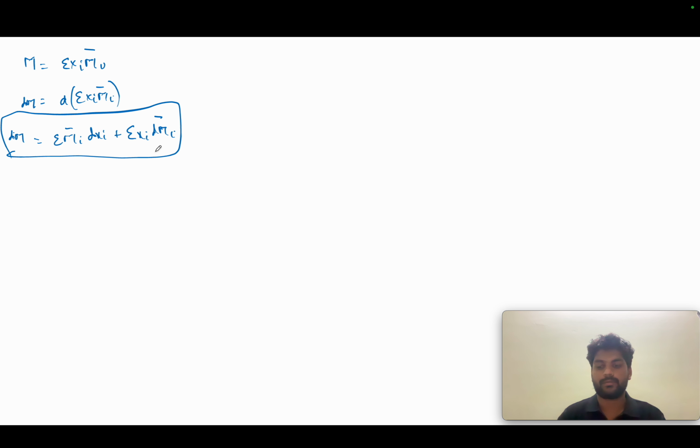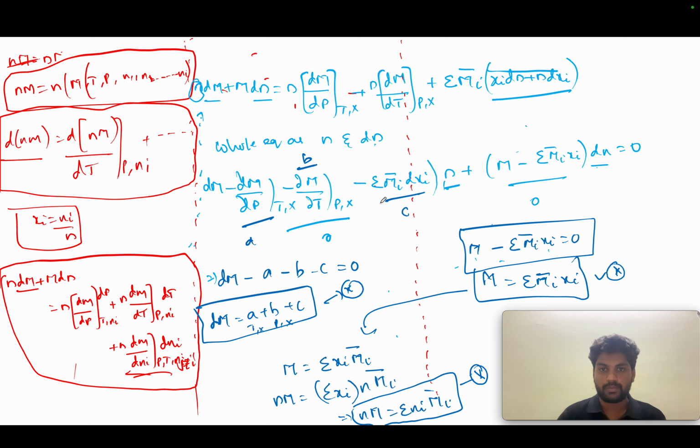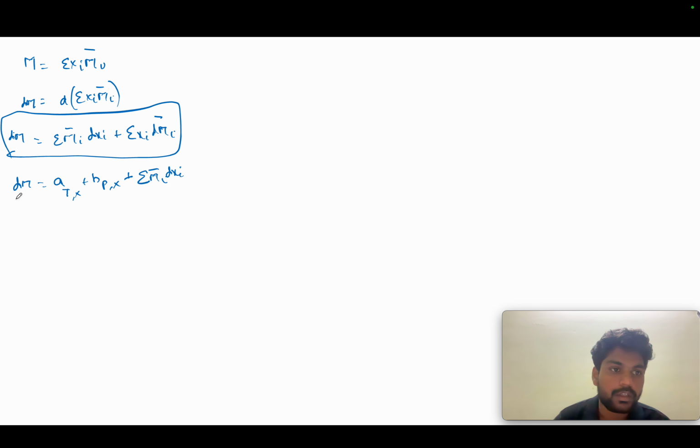You should remember dm. Now here we have one more dm. Previously I have written dm equal to, say, suppose I'm just giving an example. Another one is, if I'm not wrong, the equation is sigma mi bar dxi. Okay, so we have two equations with the same LHS.